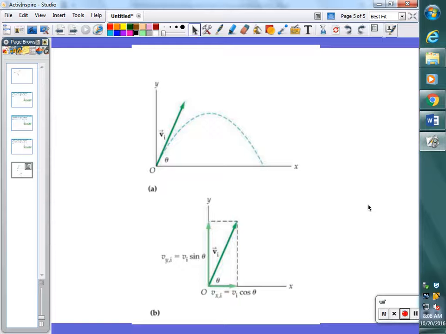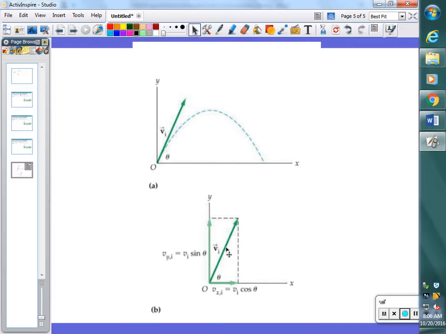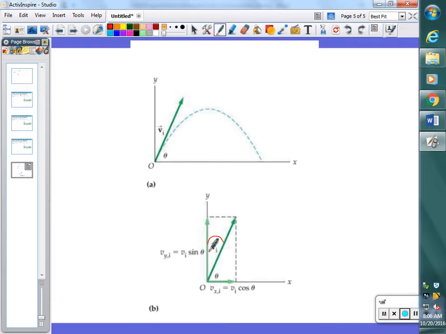Let's start with the bottom one, okay? You'll see that the bottom one, labeled B there, the vector that's going in the middle is labeled as VI. That vector is labeled as VI, standing for the initial velocity.